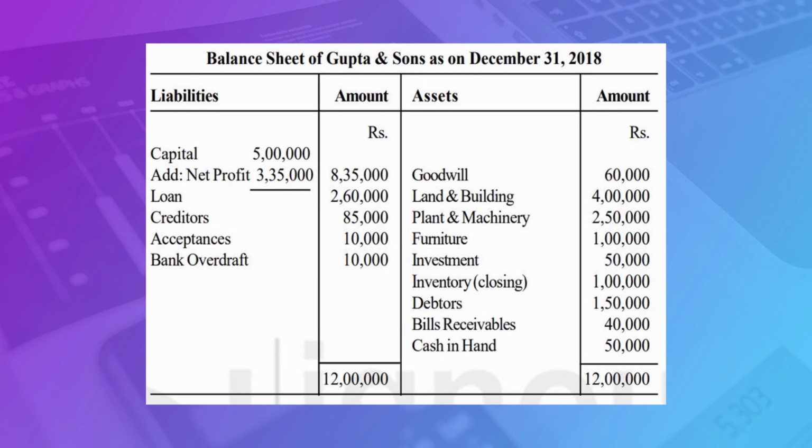So, here you see that the total of the liability side and the total of the asset side tally. Therefore, we can say that the arithmetical accuracy of the information is correct. Therefore, the preparation of the final accounts is true and fair to some extent as far as arithmetical accuracy is concerned.